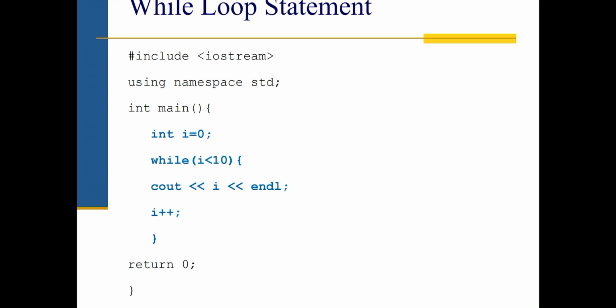But for the for loop, we did it differently. You write for, then parentheses, whereby we wrote i equals 0, then you terminate, i less than 10, then you terminate, and i plus plus, then you open and close your curly brace, and inside the curly brace you cout i.